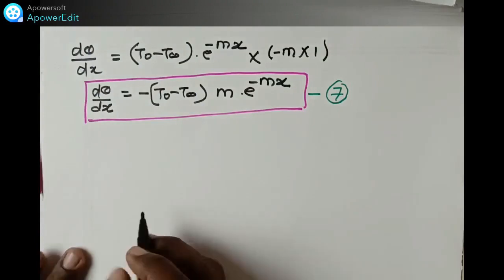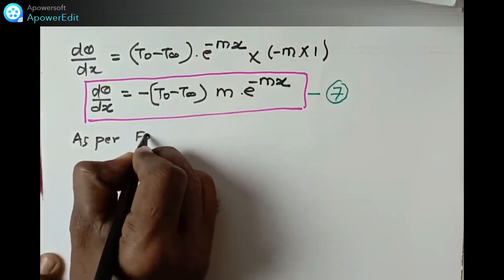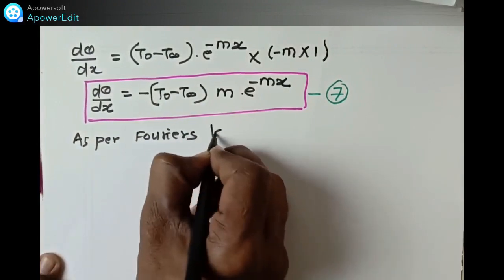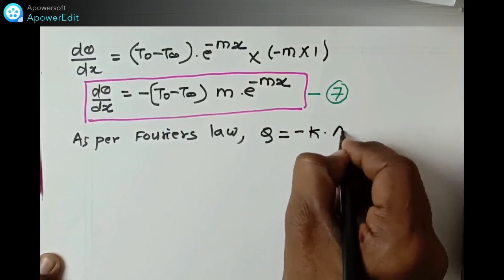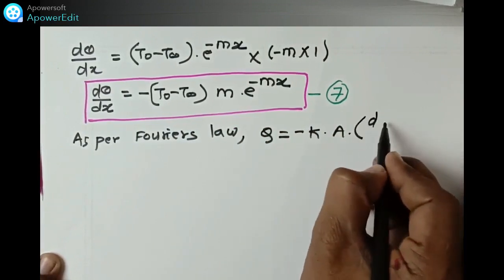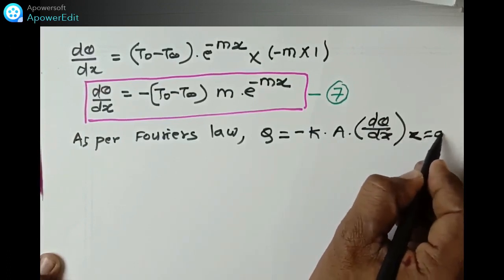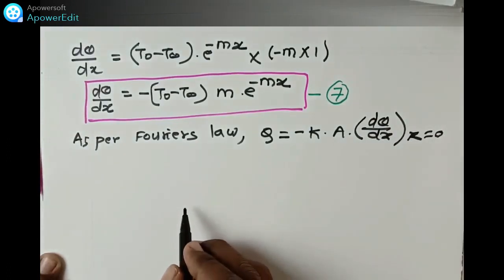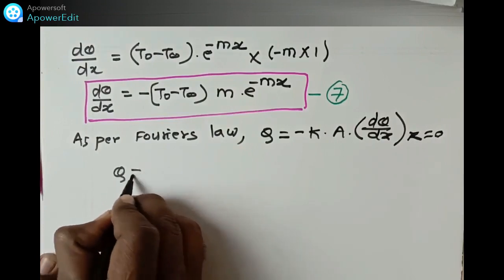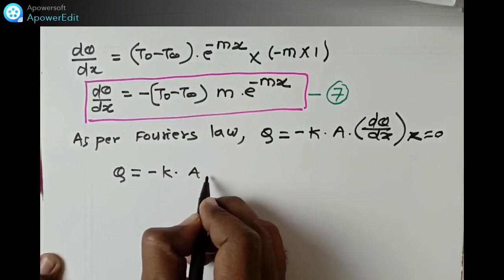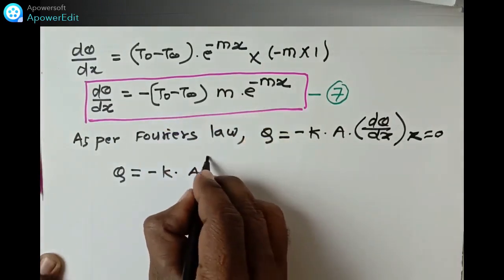Now, as per Fourier's law, Q means heat flow rate, that is equal to K into A into d theta by dx at x is equal to 0, meaning at the base of the fin. So in this case Q is equal to minus K into A into, for d theta by dx we have this expression, so we can write this in the bracket.